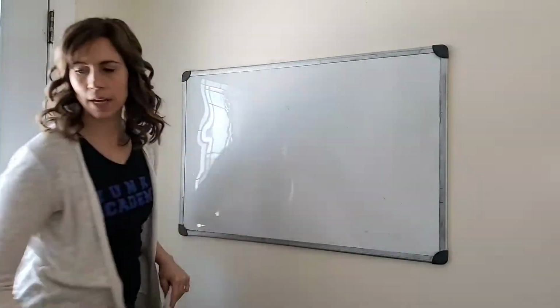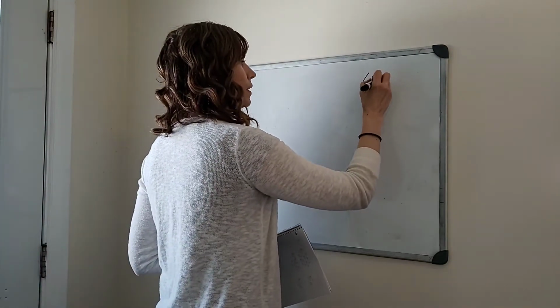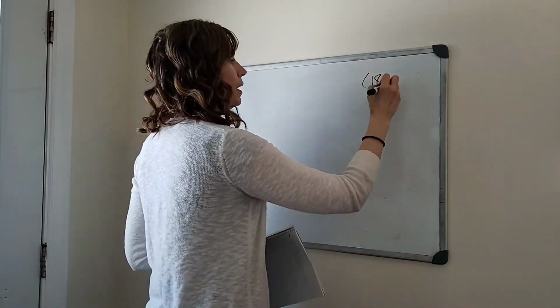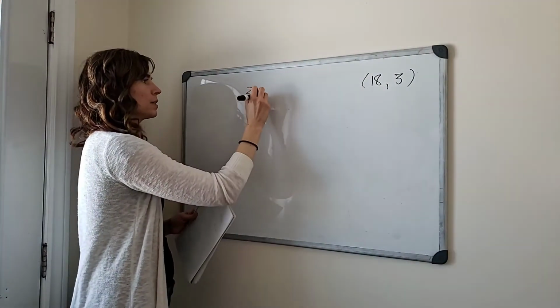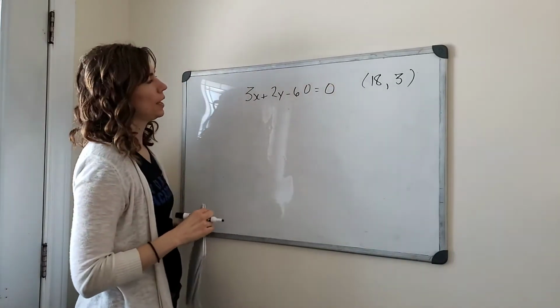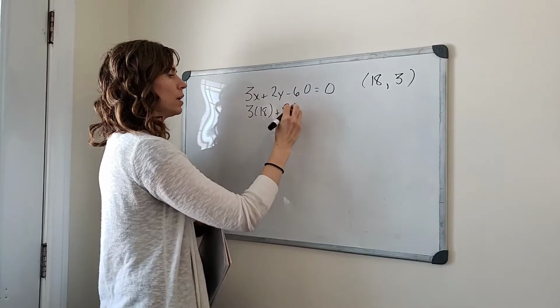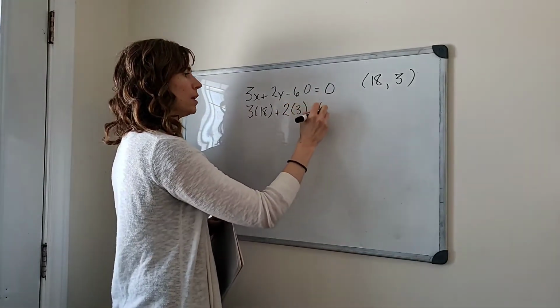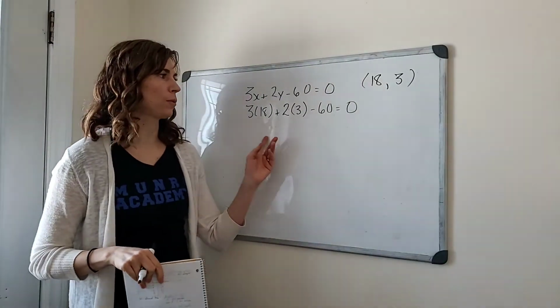Okay, next they say, could I have had the 3 of 18, I believe, yeah, and 2 of 3. So again, I could start with my 3x plus 2y minus 60 equals 0. And let's see, 3 times 18 plus 2 times 3 minus 60 equals 0. You could also, I mean, we're using our general form equation that we got.